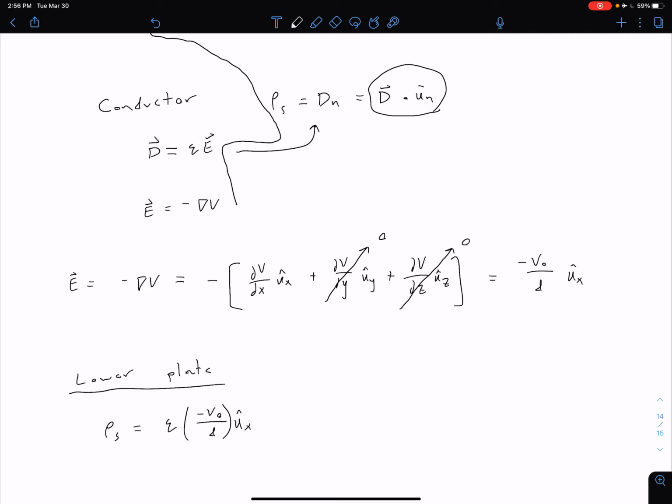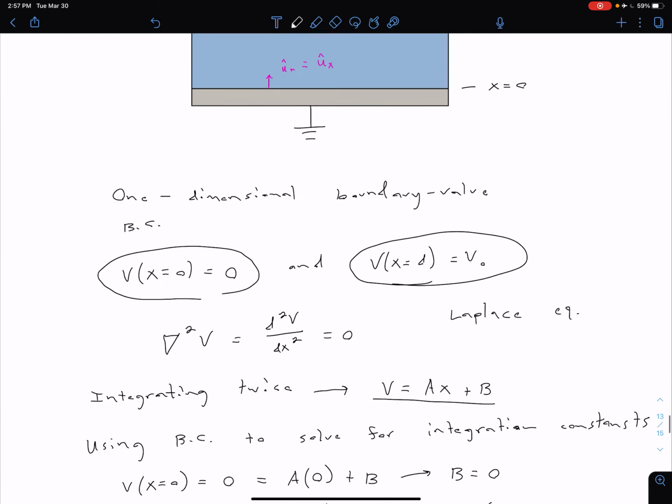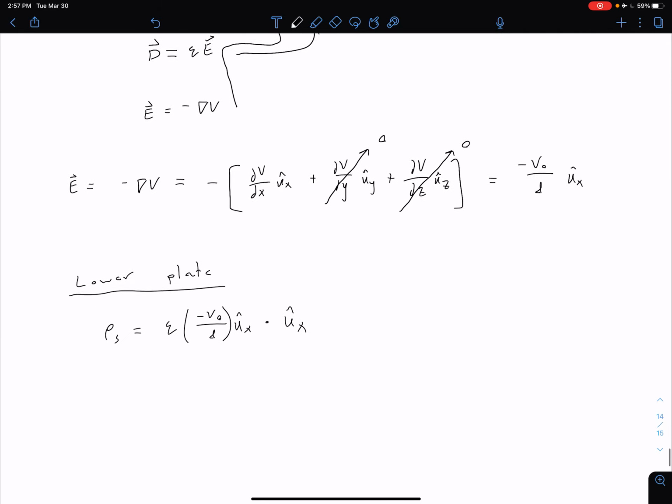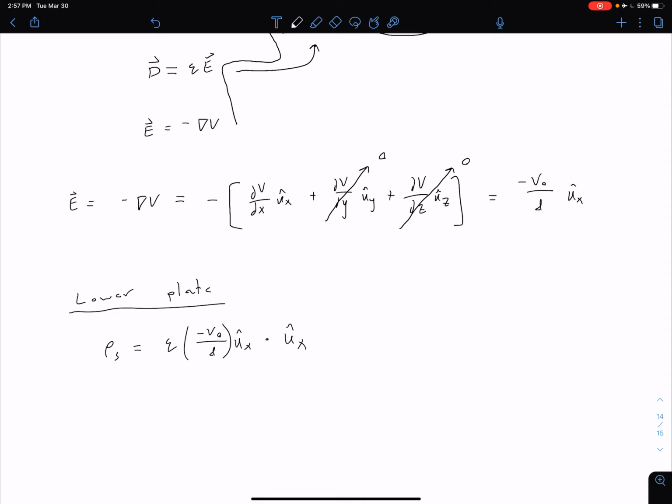So I'm going to dot that with U_x because for the bottom plate, remember we had said the unit normal was in the x direction. Of course, U_x dot U_x is just going to be 1, and so we get negative epsilon V naught over D. Then if we integrate over the surface, if we assume we still have surface area S, that's going to give us some total Q, which is just equal to rho s times S. So that's going to be negative epsilon V naught times S divided by D.